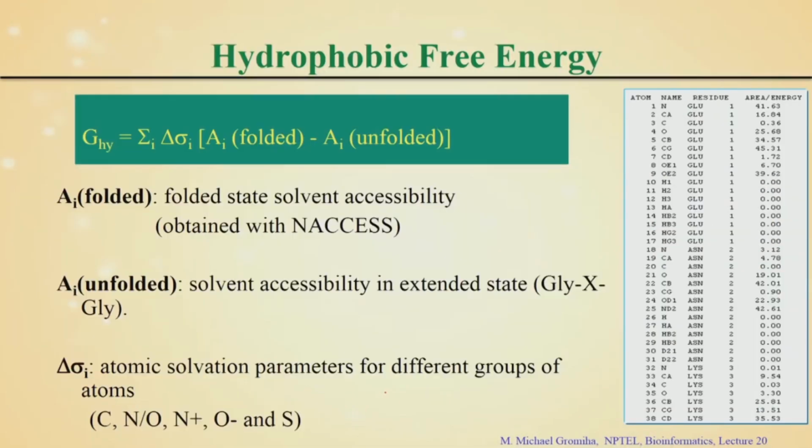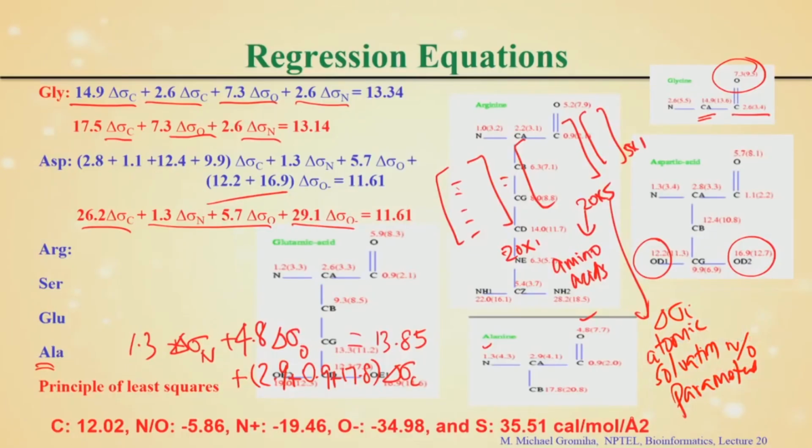If we do this, we can get the values for all these 5 parameters, and I show the numbers we obtain for the 5 groups. For example, carbon 12.02, nitrogen oxygen minus 5.86, N plus minus 9.46, O minus minus 34.98 and sulfur 13.51.